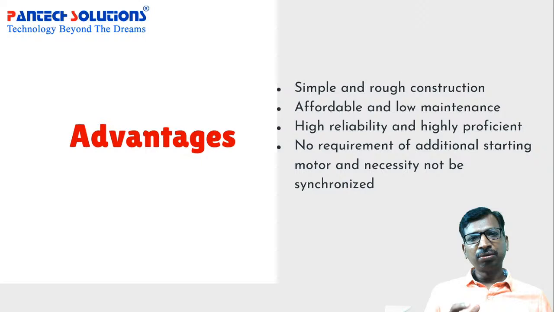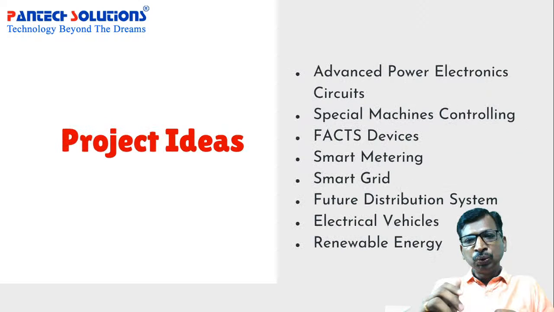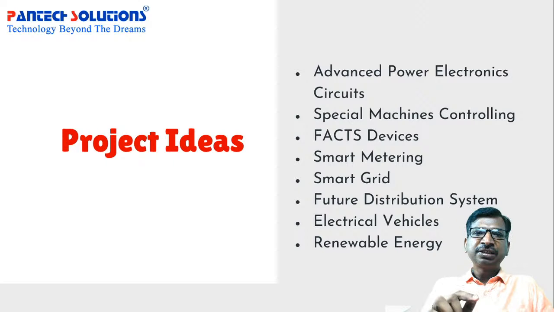For project ideas, here I have listed some ideas, so with this segment we can choose our topic. Advanced power electronic circuits like front-end rectifiers, matrix converters, and multi-level inverters are all project areas.